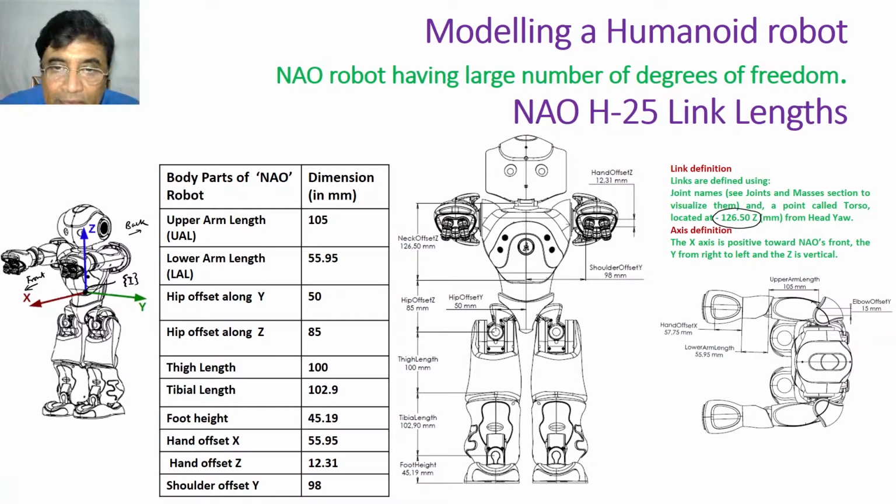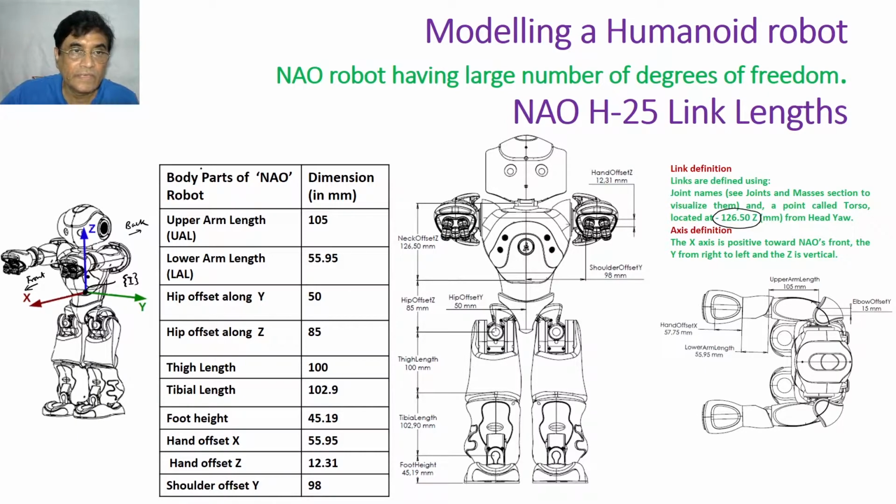Now look here at the upper arm length. These are the specifications which will be given by the manufacturer when the manufacturer gives you the robot.